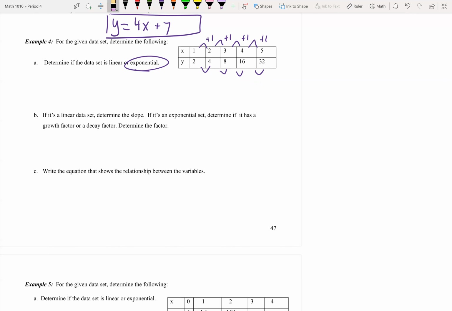The second you realize that it's exponential, I want you to figure out, what am I multiplying? So you switch because the adding wasn't consistent. So 2 times 2 is 4. 4 times 2 is 8. 8 times 2 is 16. 16 times 2 is 32.